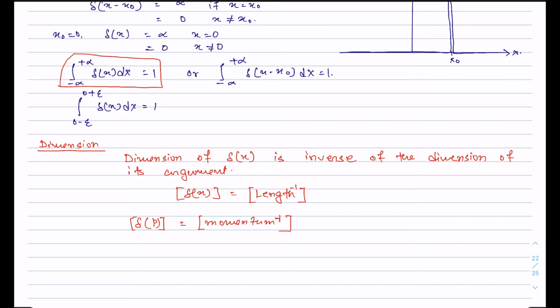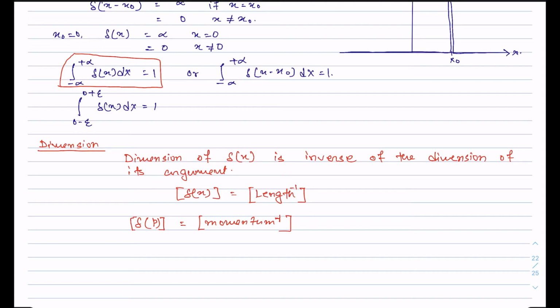As dx has the dimension of length in position space or coordinate space, the dimension of delta(x) is inverse of length. If it is defined in momentum space, then it will have the dimension inverse of momentum. So this is how you can calculate the dimension.